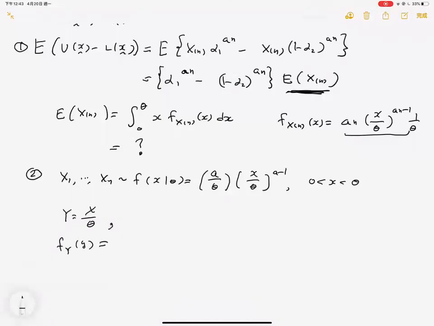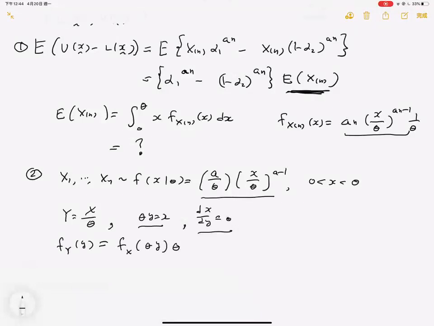The transformation method, right? So nothing but y equals x over theta, then dx dy is theta. Inverse function, Jacobian, straightforward. So I do have the original x right here, and then I'm going to plug in theta y, and then have my Jacobian.